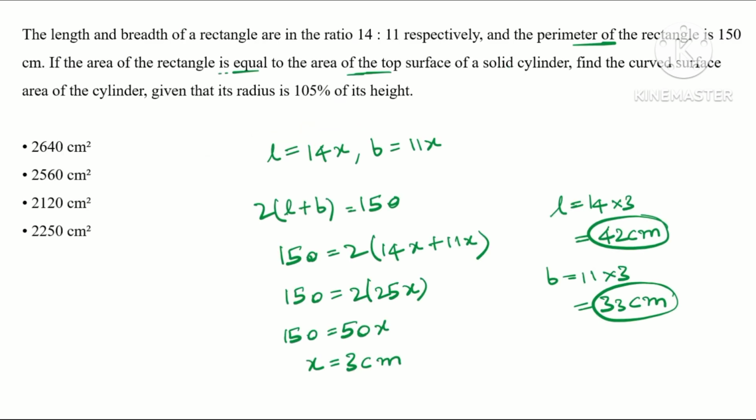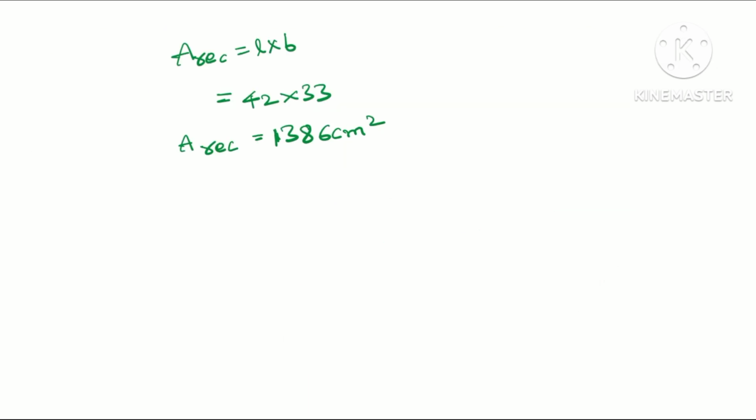So area of rectangle equals area of top surface of a cylinder.